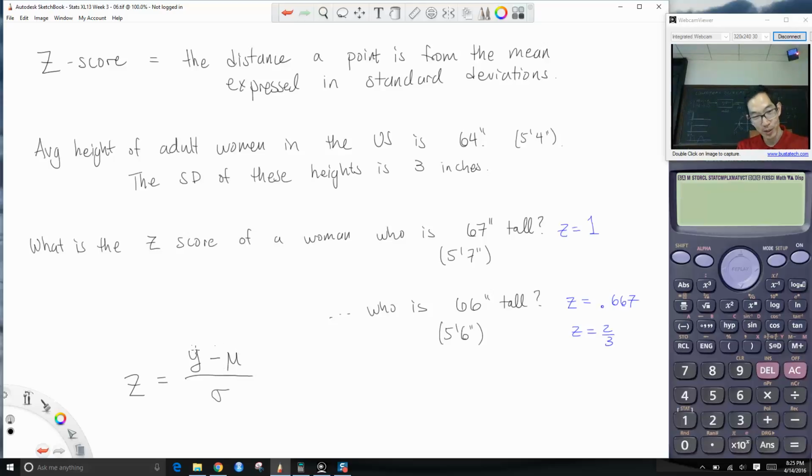It's the distance from the mean, but not the raw distance, it's the distance from the mean in standard deviations. The numerator is the distance from the mean, and dividing by sigma turns that distance into how many standard deviations it is.